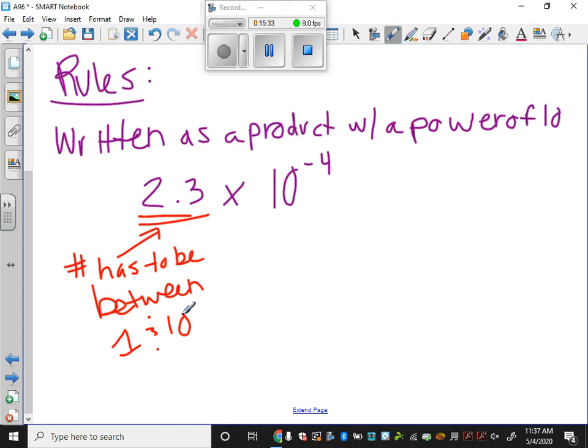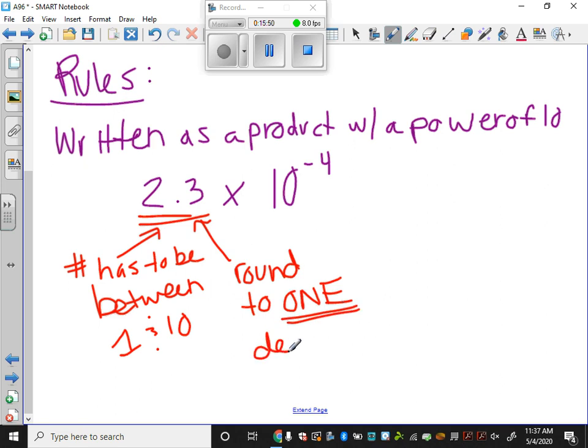And there's another rule. Not everyone follows this rule, but I follow it just because I think it's a little bit easier to write things. You always, for me, want to round to 1 decimal. And actually, I think I'm going to change this for you guys.